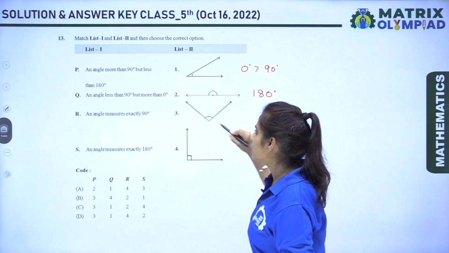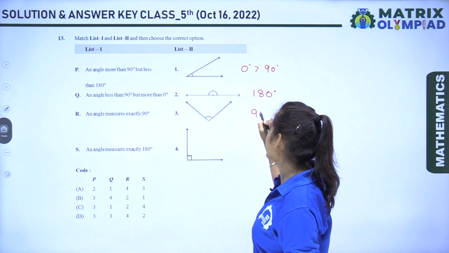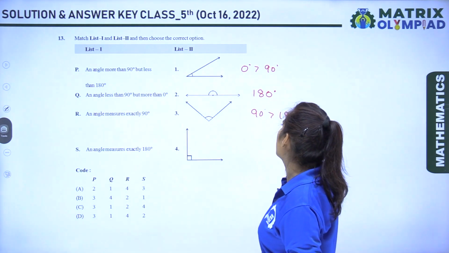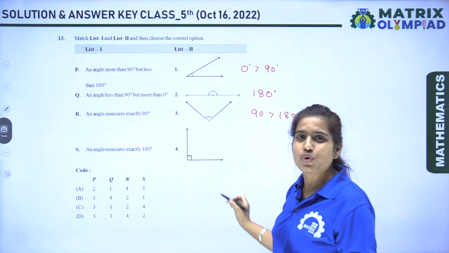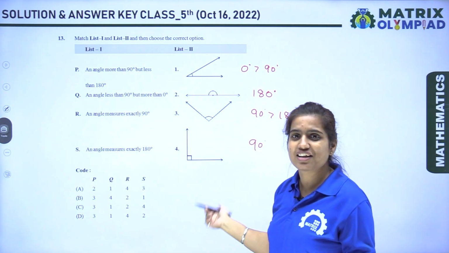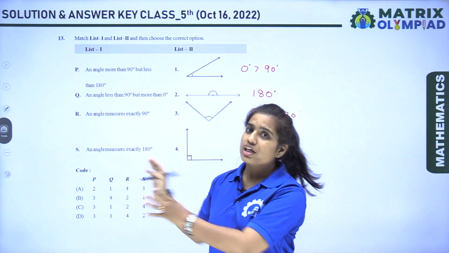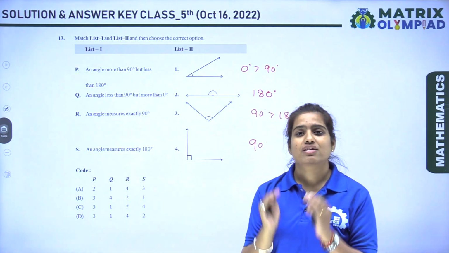The third figure is greater than 90 degree but less than 180 degree. And the fourth figure is 90 degree, a right angle. So according to the figures and the statements, we have to match them.